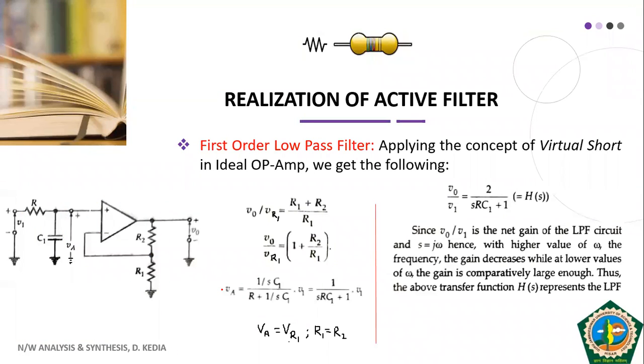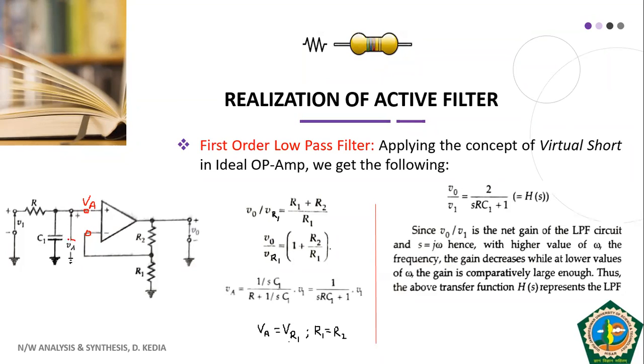So as I told you, we will be using the concept of virtual short. First, let us understand that the concept of virtual short means the voltage across the two terminals, your non-inverting terminal and inverting terminal, will be the same. So here at this point, we have the voltage VA.